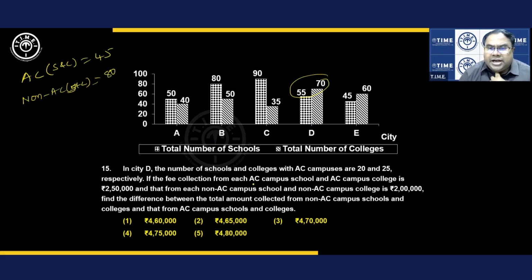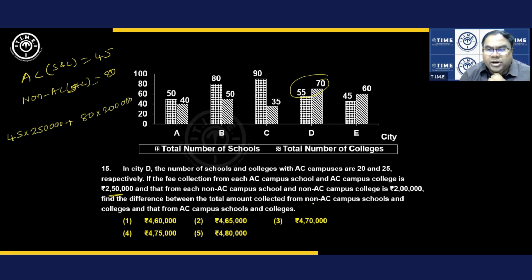Fees collected from each AC campus school and AC campus college. From AC campus, I am collecting 2,50,000. So from 45 schools, I am collecting 2,50,000. Non-AC campus schools and non-AC campus colleges, we are collecting 2 lakhs. So 80 into 2 lakhs.